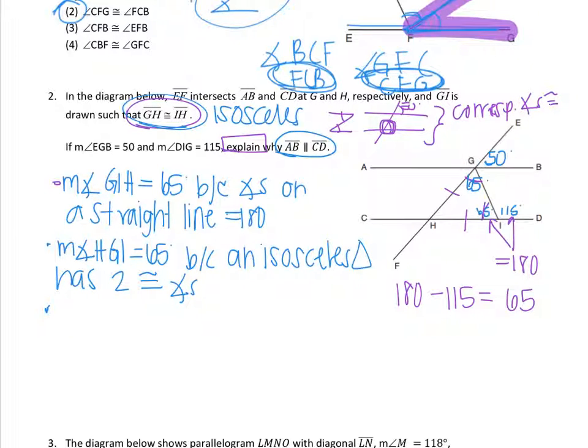Okay, now we're finding out more information. Remember, our goal here is to possibly find this angle, and that's kind of stuck right here in our triangle. So I've got two angles so far, 65 plus 65, which sum to a total of 130. And then if I find that third angle in this triangle here outlined in blue, GHI, we know that three angles in a triangle add to 180.